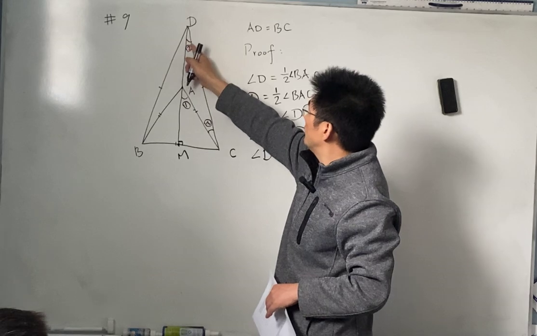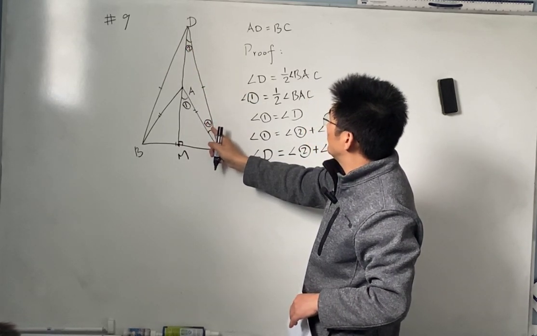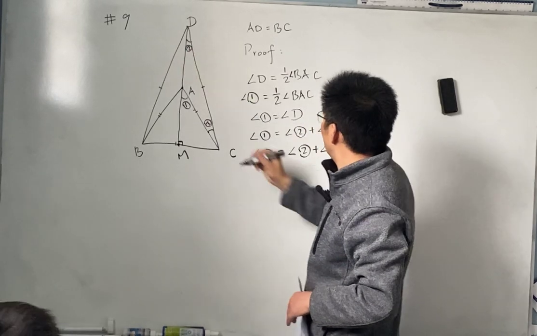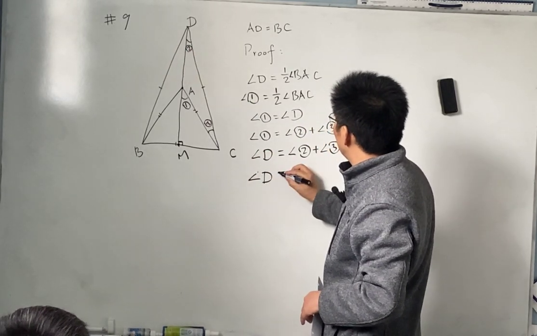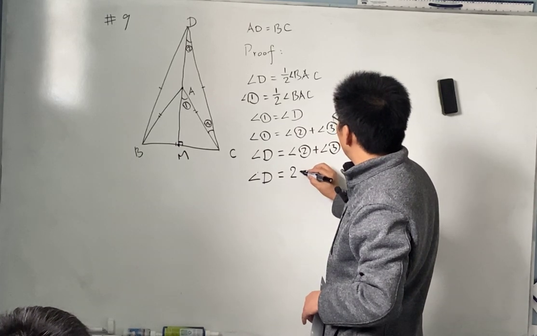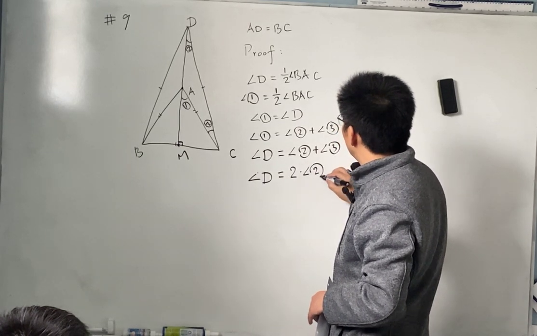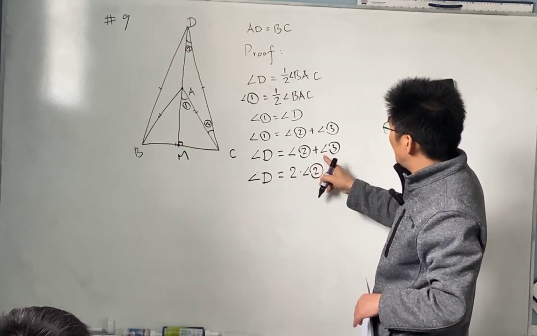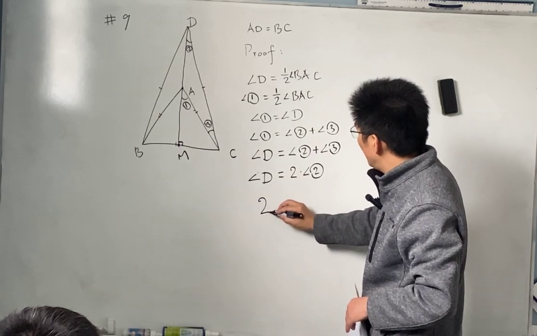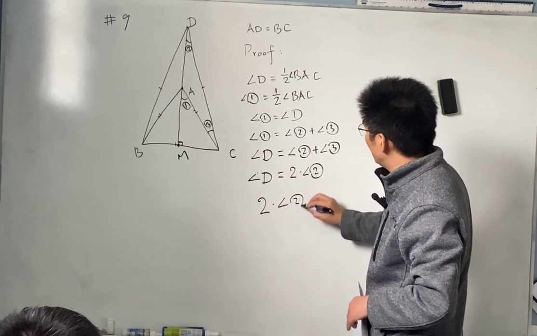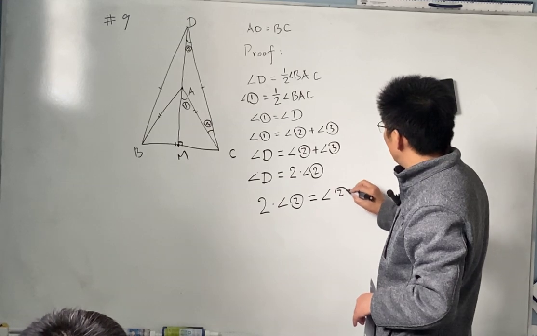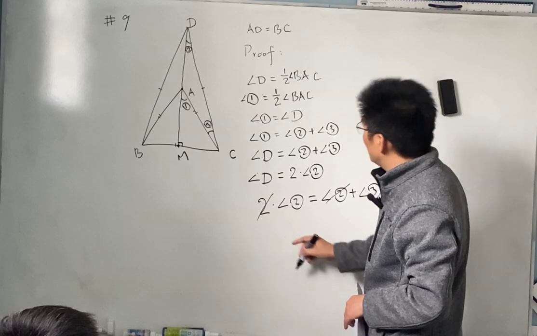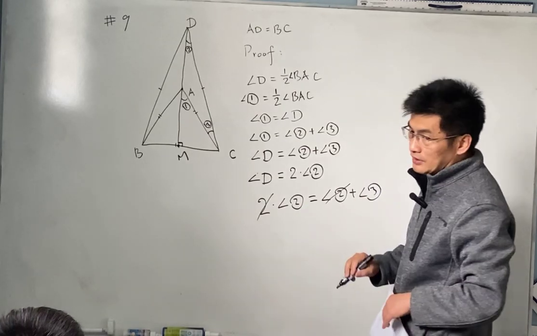So this is also equal to these two triangles. And because angle D equals 2 times angle 2, if you let this equal to that, I just write it as 2 times angle 2 equals angle 2 plus angle 3, and I cancel one of them, so it says angle 2 equals angle 3.